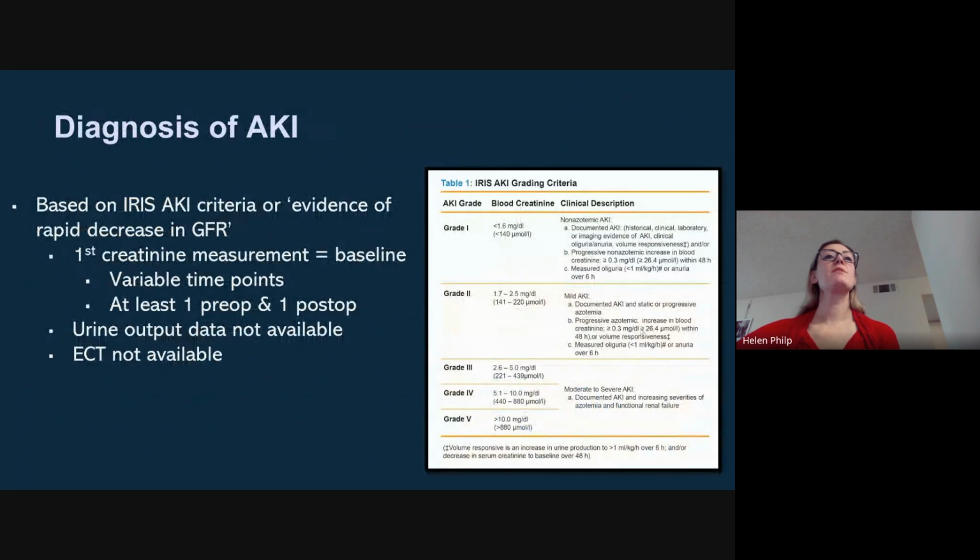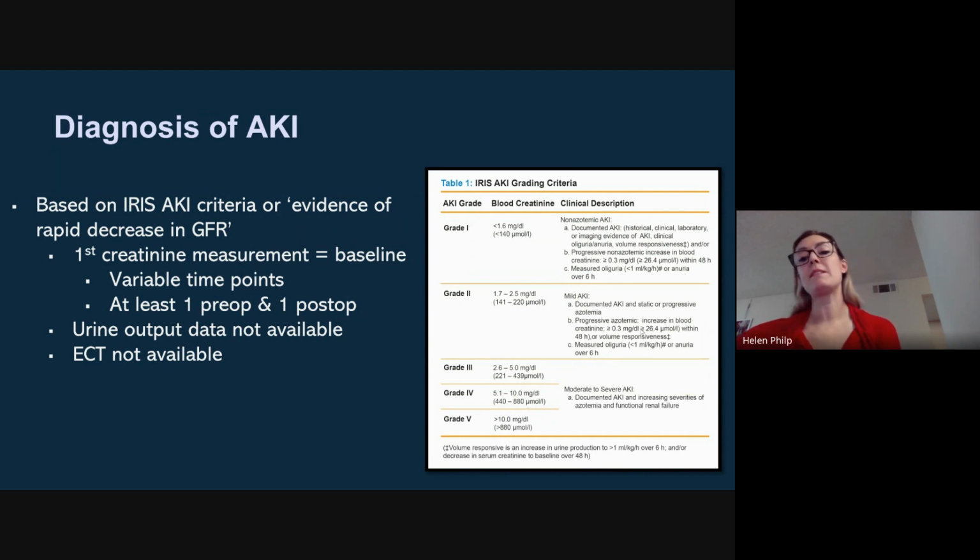And in terms of their diagnosis of AKI, they utilized RSAKI criteria, or there was a comment, evidence of rapid decrease in GFR. I think all of them had an RSAKI grade applied. I don't know if they meant by this that maybe they were increasing grade, and that indicated evidence of rapid decrease in GFR.